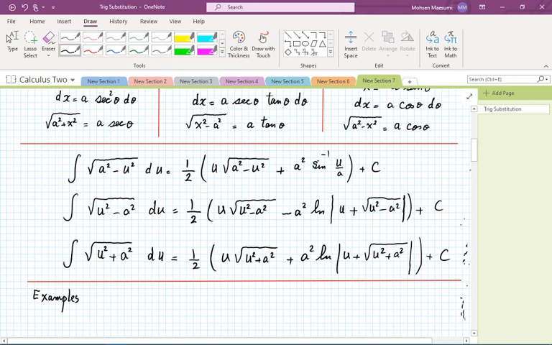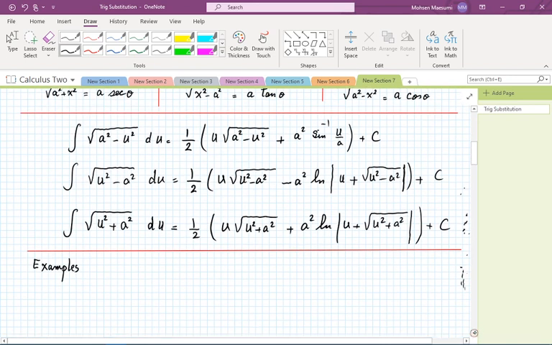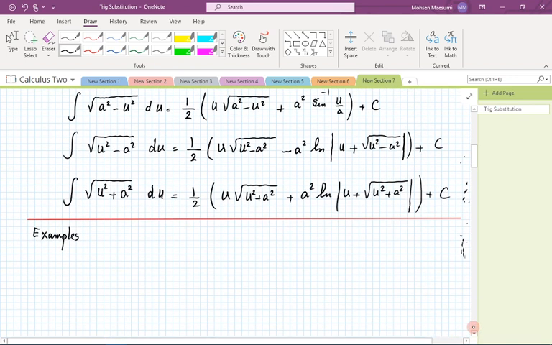We are going to go ahead and do several examples of integrals of this type. Let's start with the very first one. Let's say an integral of dx over x squared times the radical of 16 minus x squared.